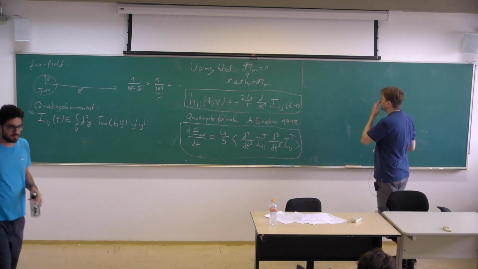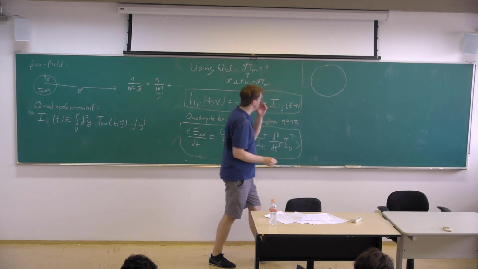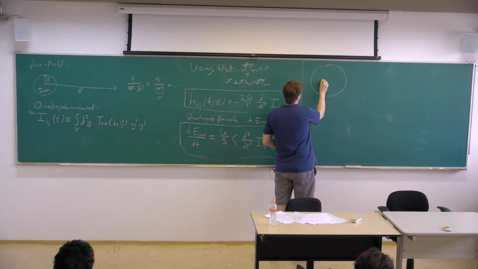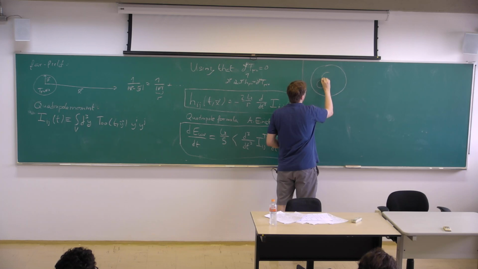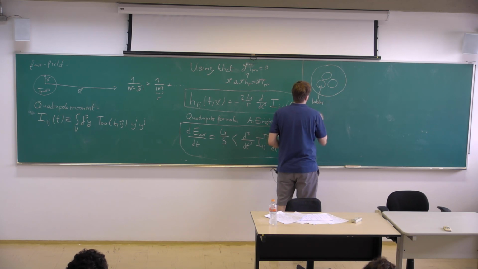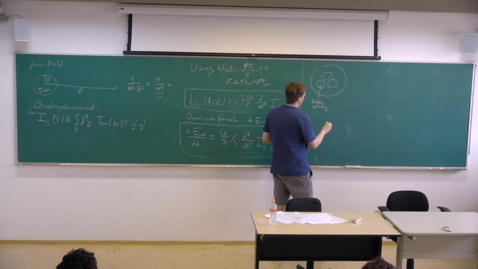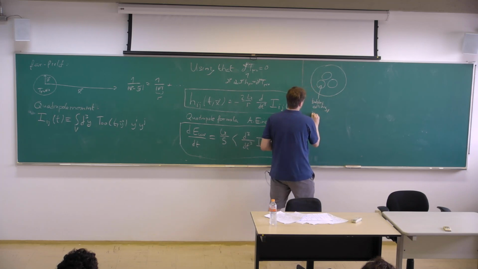So again, I will consider some enclosed region where I'm looking at a small number of bubbles that are colliding. And I will assume that they are non-relativistic for now.